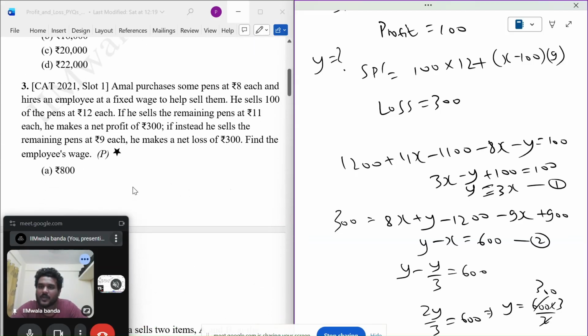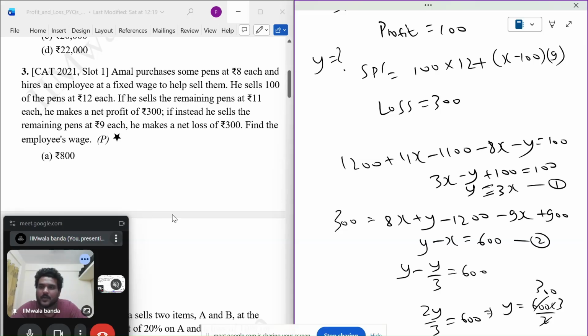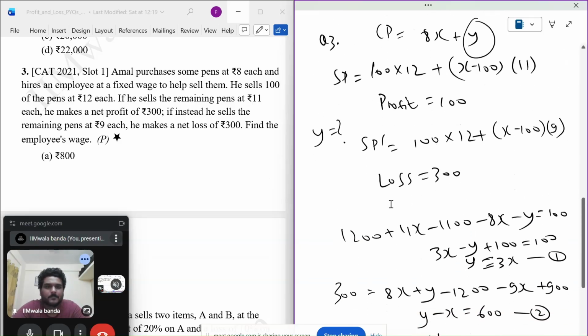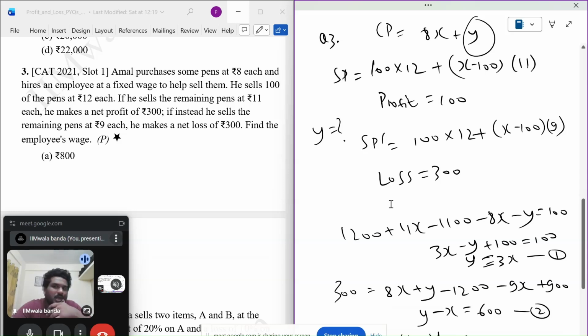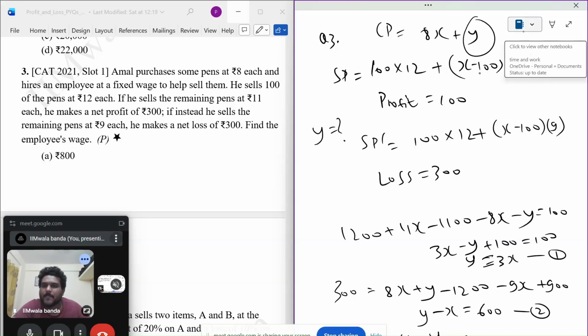Question number 3. Eight x plus y, 100 into 12, and this is sells the remaining pen.